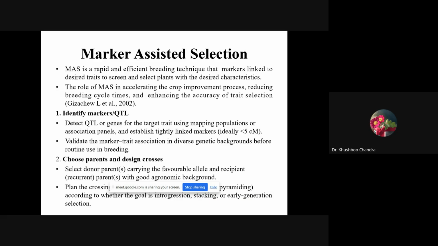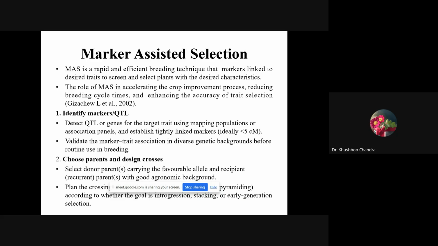So the process includes different steps. First, we need to identify the QTL or the marker. Then the second step is the development of population, choice of your population, then genotyping. Then you have to go for foreground selection: what trait is present, how you are going to identify your parental lines, what your existing line is, what the drawback is, and in which background you want to transfer that particular gene.